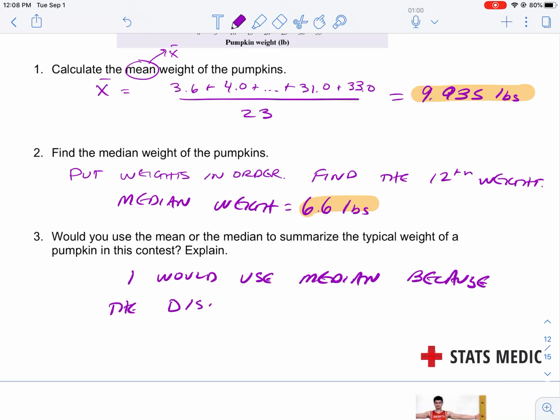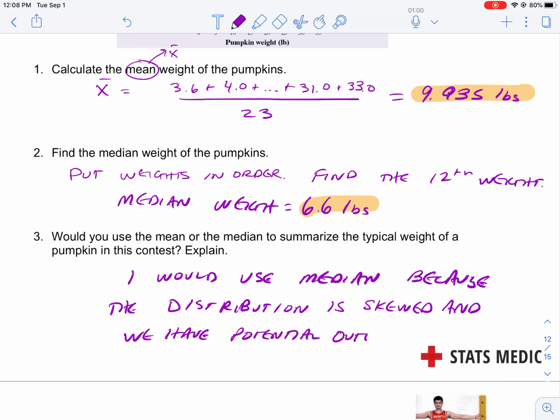Not only that, but the distribution is skewed. And those potential outliers, I'm going to denote them. I'm going to say we have potential outliers at 31 and 33.